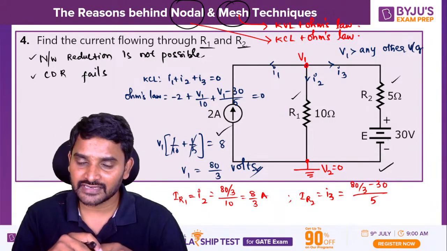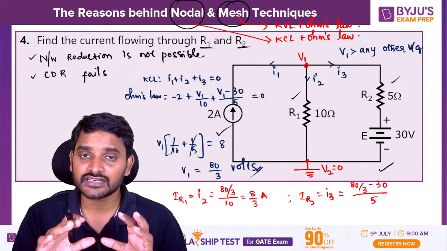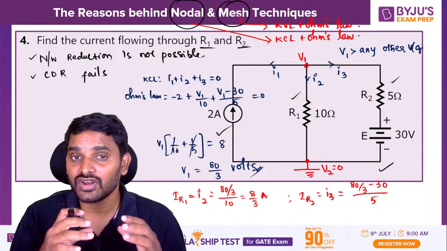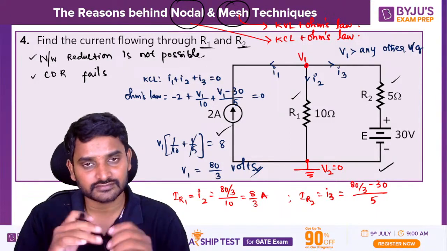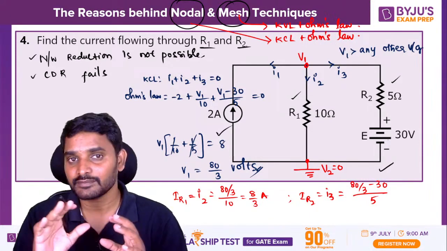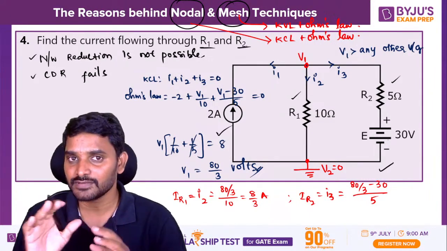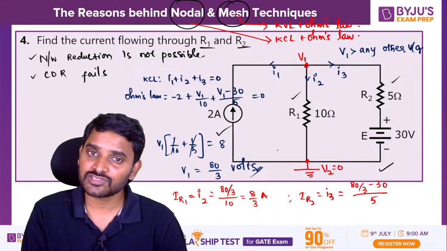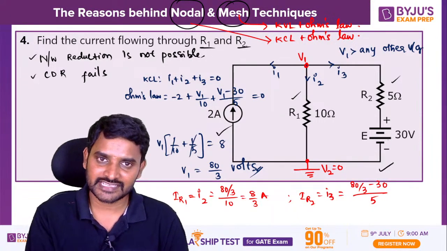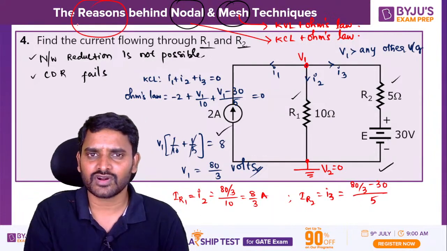I am repeating again, whenever the network consists of more than one source, and if you are not able to reduce the network, then you must use KCL plus Ohm's law or KVL plus Ohm's law. This network can also be solved with the help of mesh analysis. The reason behind the nodal and mesh techniques is what?